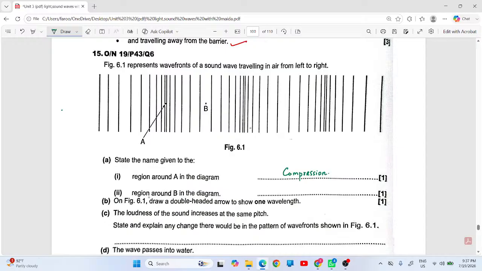Next is the region around B in the diagram. What will B be? Rarefaction.